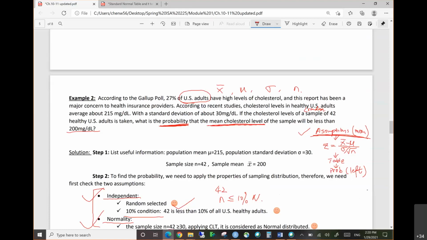Okay, so this 42. If the cholesterol levels of a sample of 42 healthy United States adults is taken, what is this 42? This is actually the sample size, how many of them in your sample. So actually this is your N. You just gave me the answer of N. Again, what is the sample mean?